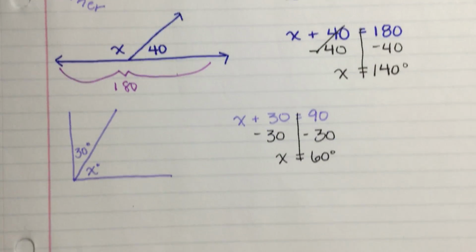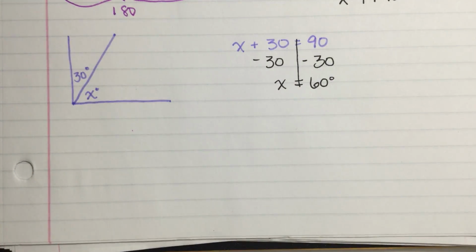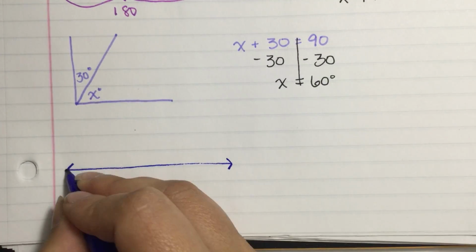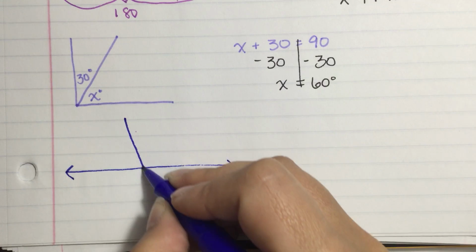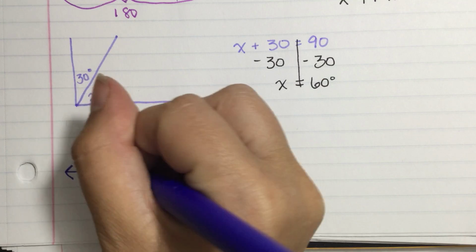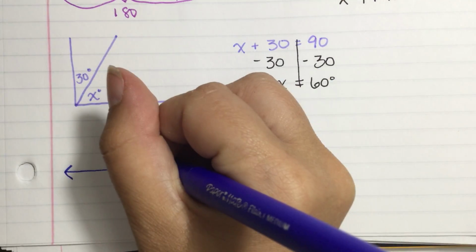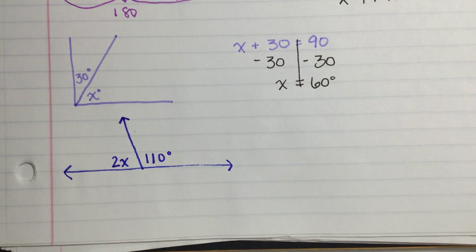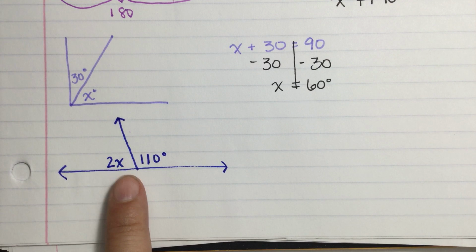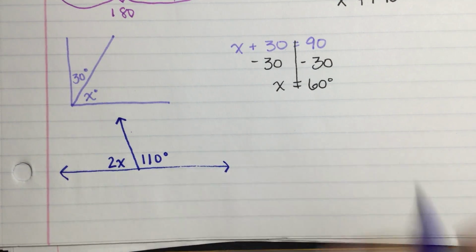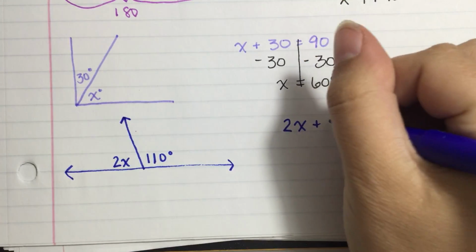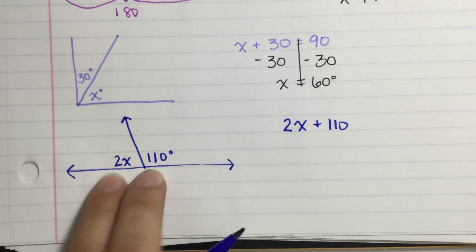Now, you could also get one that is a tad more complicated. Let's say that we're given one like this. Okay, we have 2x and 110. So I'm going to think, is this complementary or supplementary? I'm going to take my two pieces of information, 2x plus 110, and add these two together.